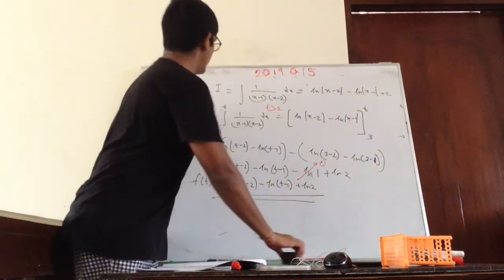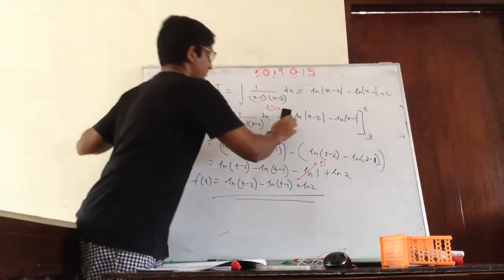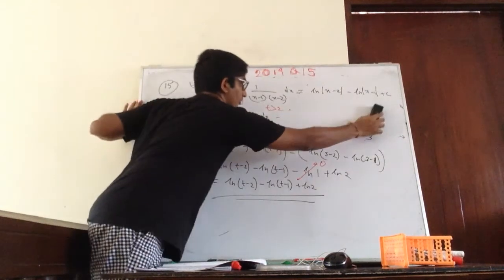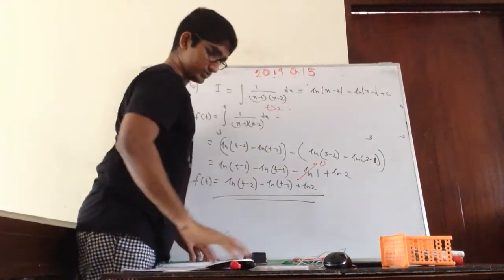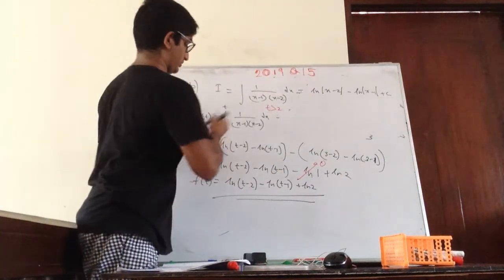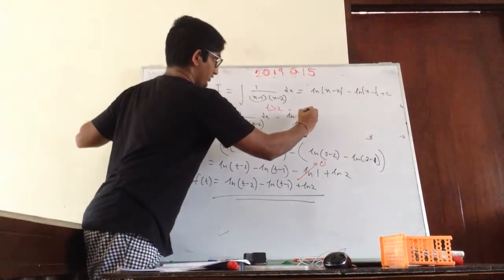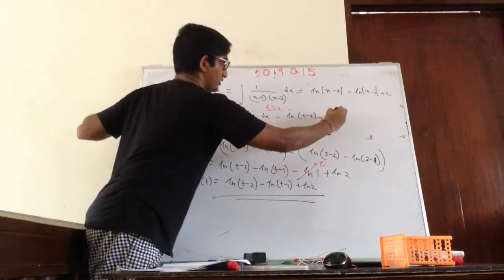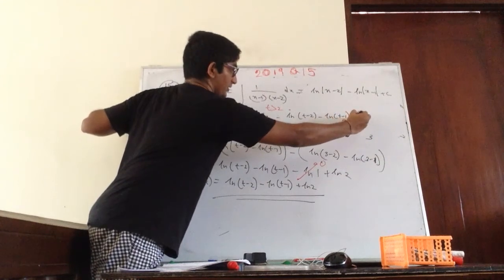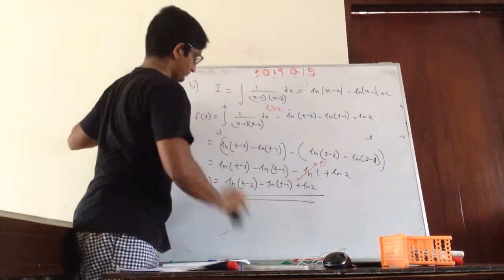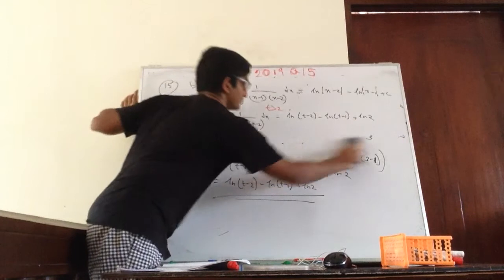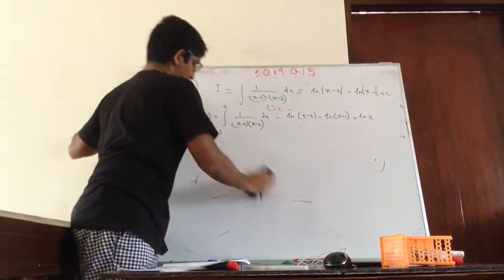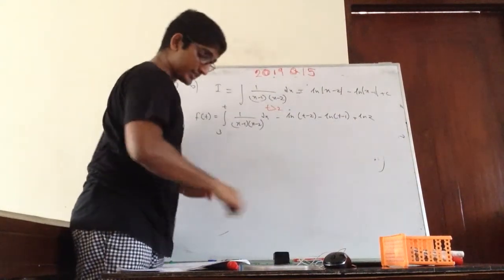Right, so now we know what this is as well. So that is ln t minus 2 ln t minus 1 plus ln 2. So what are they asking next?